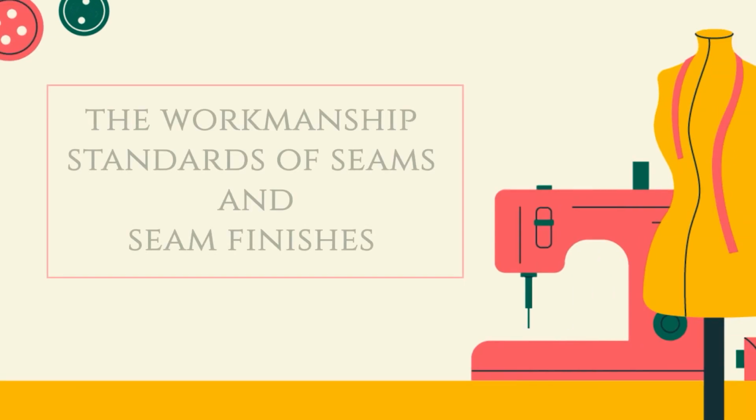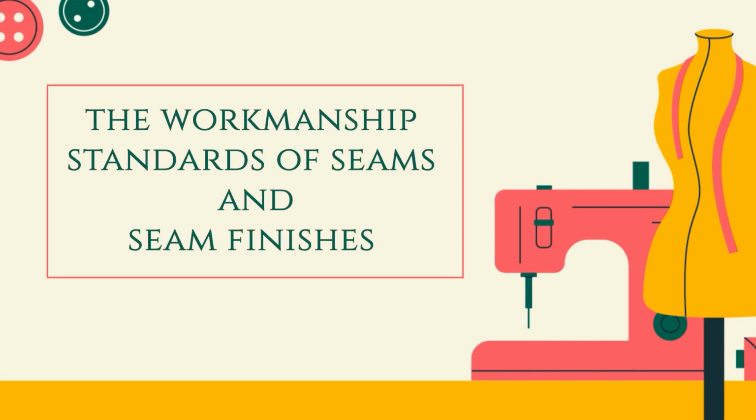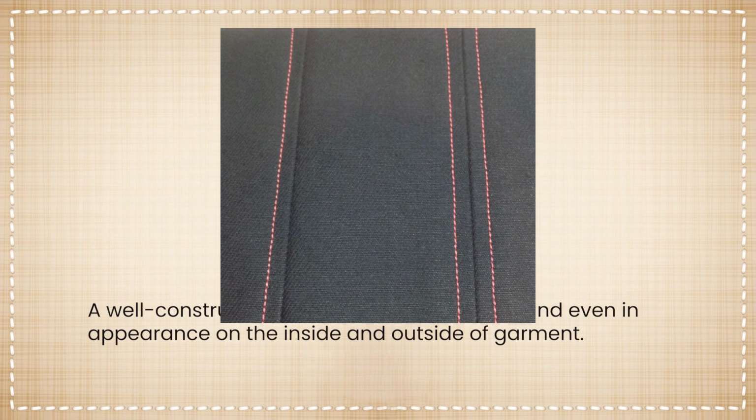So let's now discuss some of the workmanship standards of seams and seam finishes. So a well-constructed seam should be smooth and even in appearance on the inside and outside of garment.